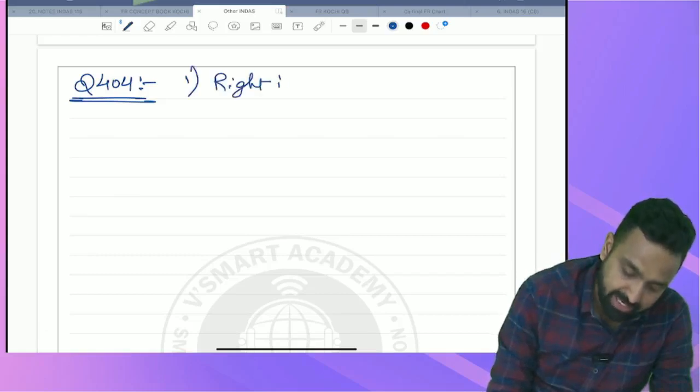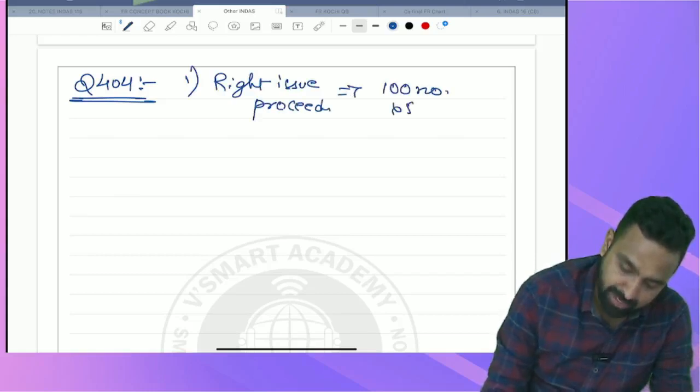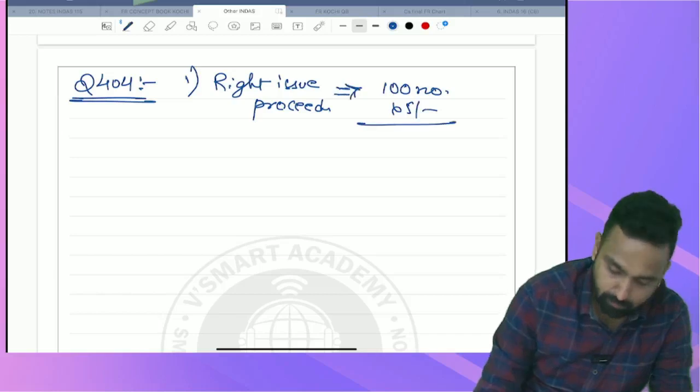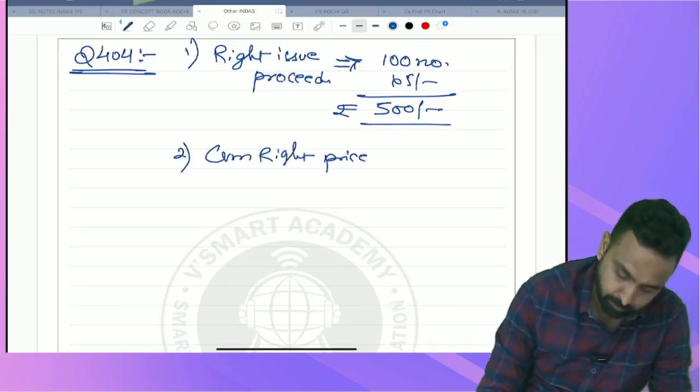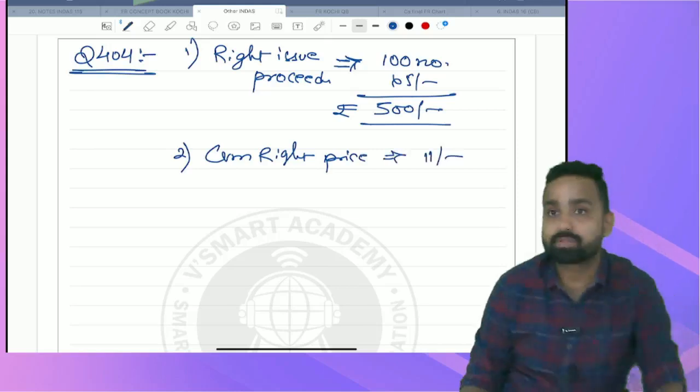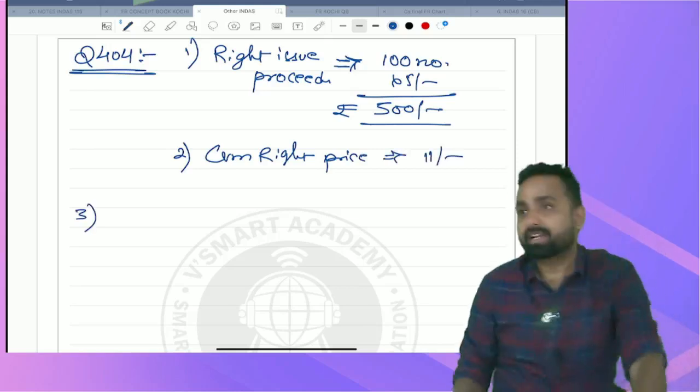What is the right issue proceeds? 100 shares at 5 rupees, 500. Done? What is the cum-right price? 11 rupees.